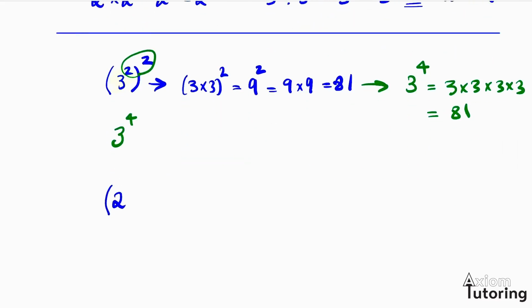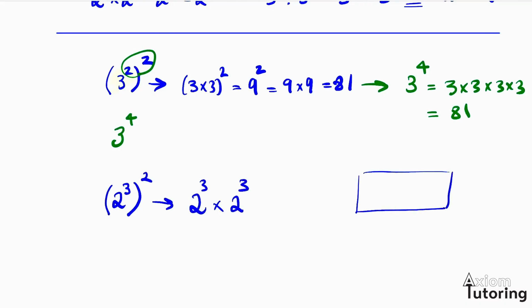If we have 2 to the power of 3 raised to the power of 2, that's 2 cubed times 2 cubed. And our previous rule says that when we have two powers being multiplied with the same base, we can add their powers. So 2 cubed times 2 cubed is 2 to the 6.